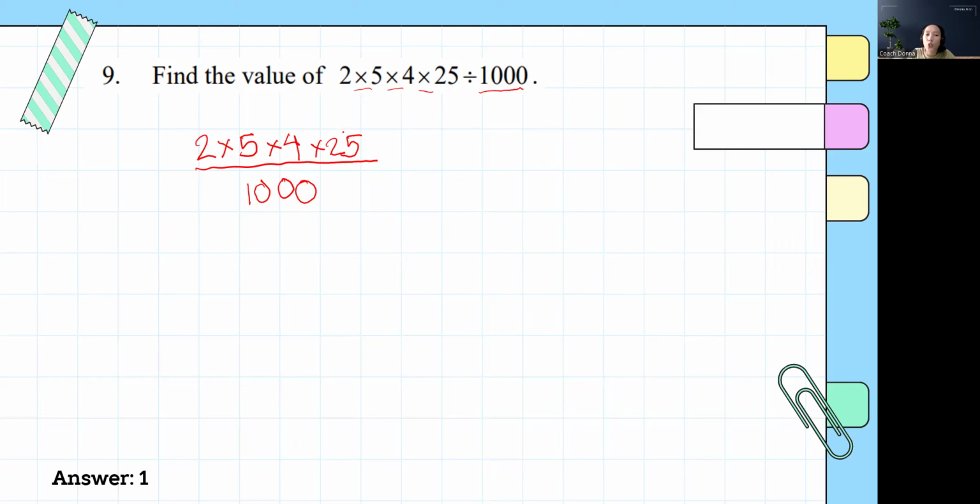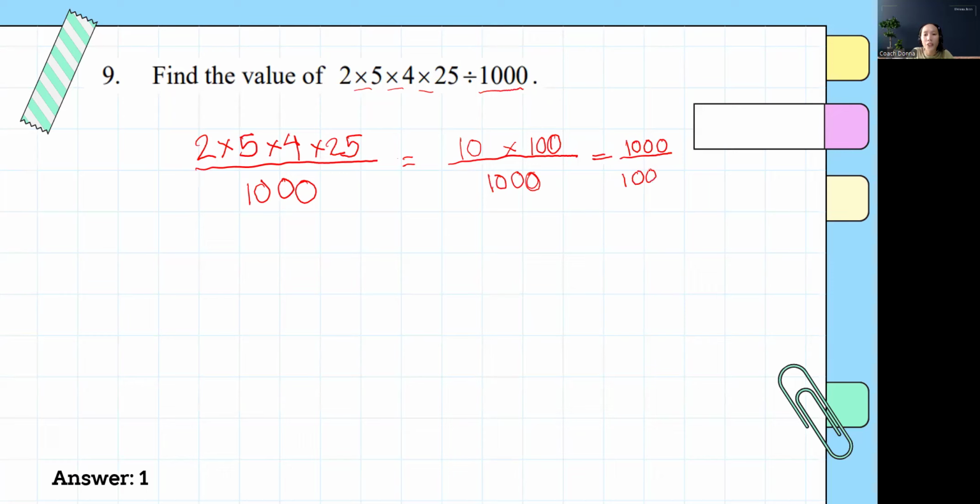All right, so let's make this simpler. 2 times 5 is 10. 4 times 25 is 100, right? And 10 times 100 is just 1,000. Let's copy the 1,000 also in the denominator. All right, now look at it.